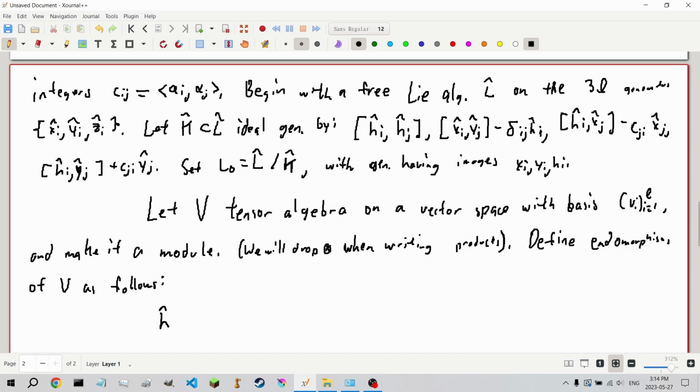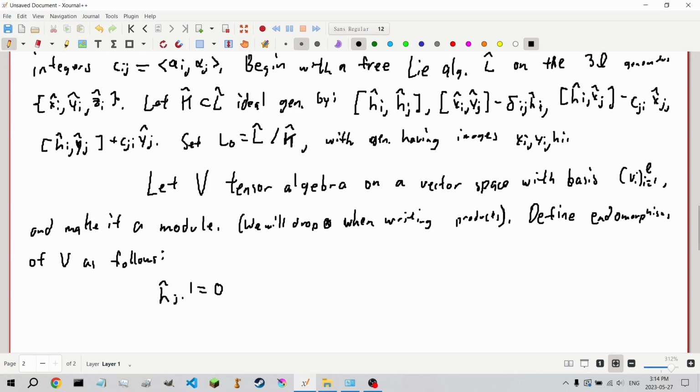The action of h hat j on 1 is going to be 0. And the action of h hat j on the product of a bunch of v_i's, v_i1 through v_it, is going to be negative of c_i1,j plus through c_it,j times v_i1 through v_it.